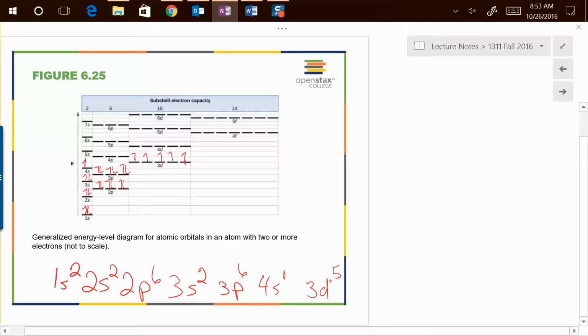Okay? Instead of 4s2, 3d4. So, these all do that.